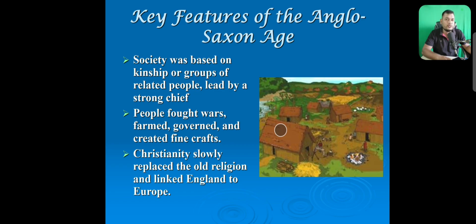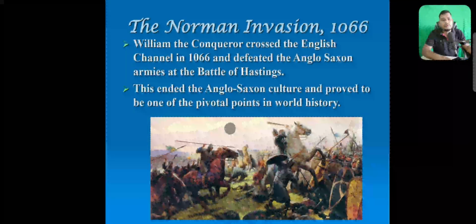The Norman invasion of 1066: William the Conqueror crossed the English Channel in 1066 and defeated the Anglo-Saxon armies at the Battle of Hastings. This is a very vital point because it is the time after 1066.